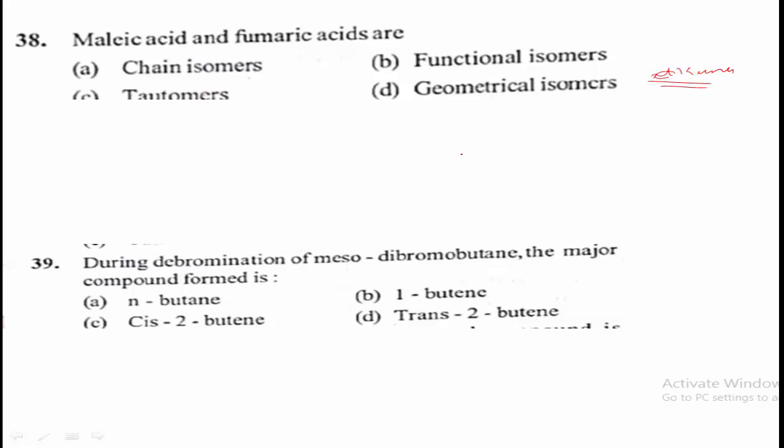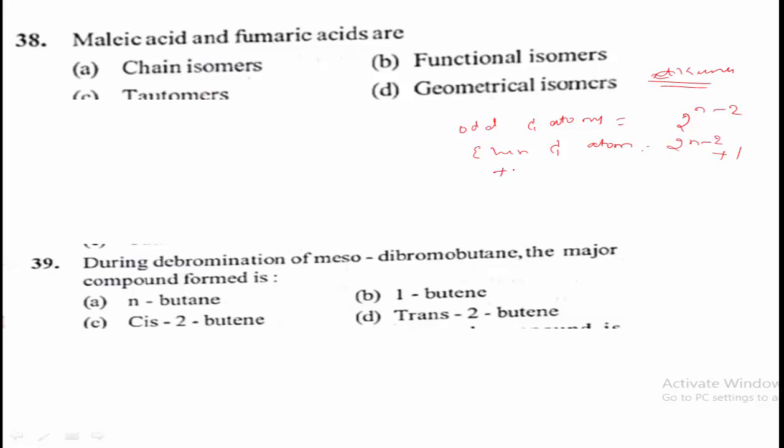If the alkene contains an odd number of carbon atoms, use the formula 2 to the power of n minus 2. What is n? It indicates the number of carbon atoms. When alkenes have an odd number of carbon atoms, if you use 2 to the power of n minus 2, you get the total structural isomers. If the compound contains an even number of carbon atoms, then use the formula 2 to the power of n minus 2, plus 1.